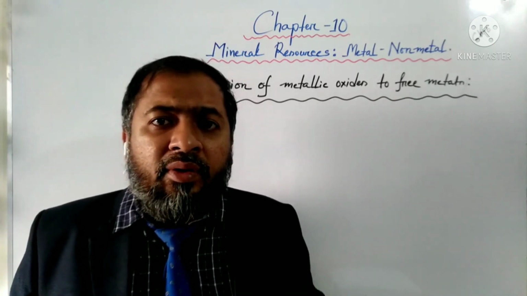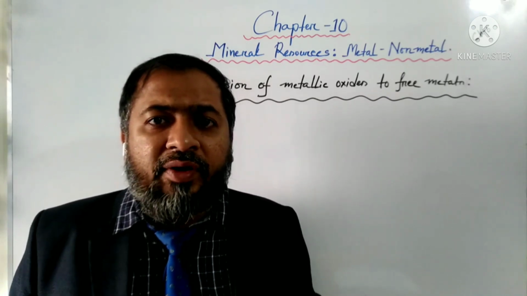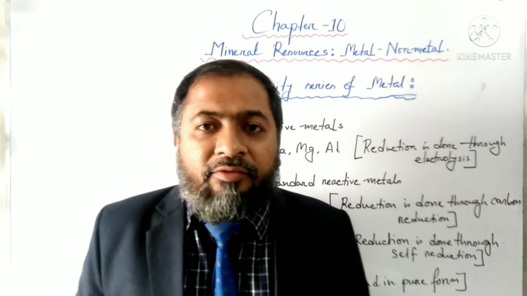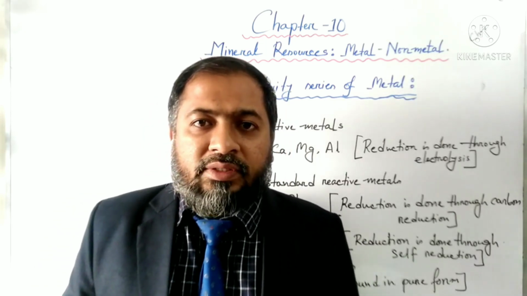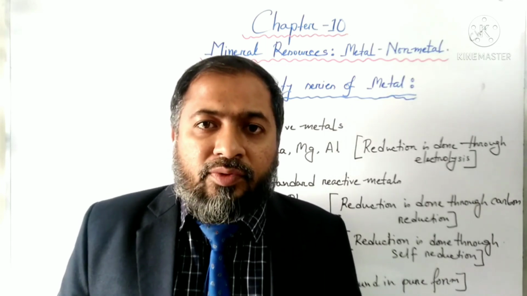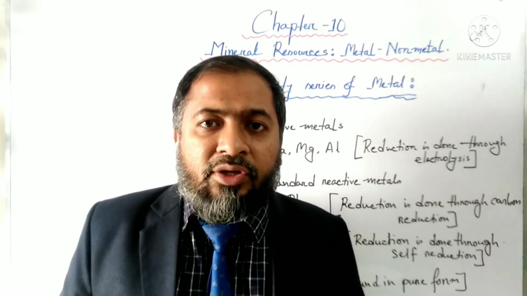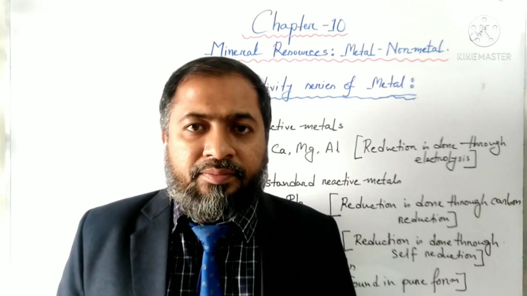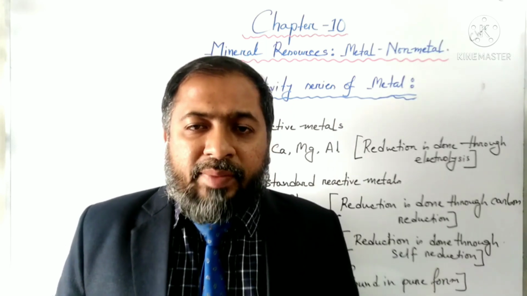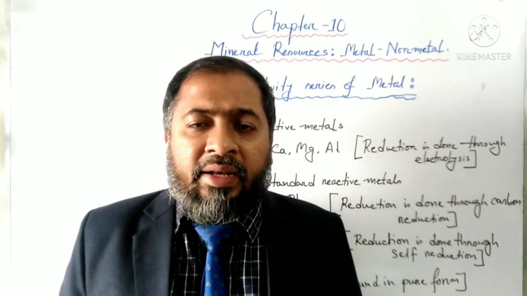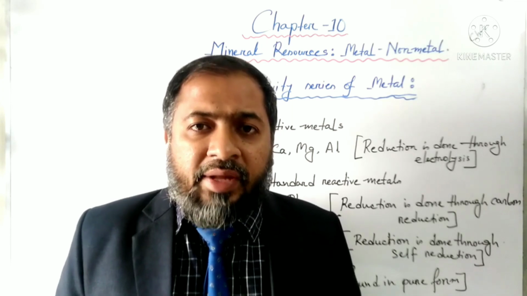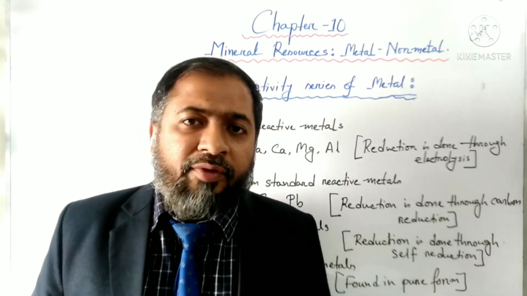Now I'm going to write down the classification of different metals depending on their reactivity. There are different metal extraction processes, and the process totally depends on the nature of the metal. Metals can be separated depending on their reactivities into four different groups.